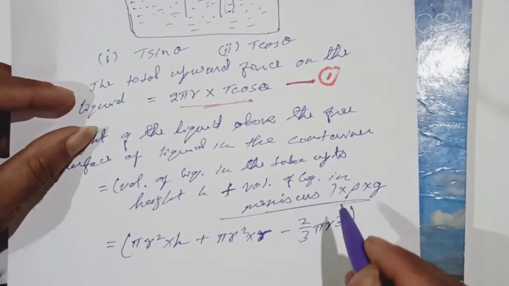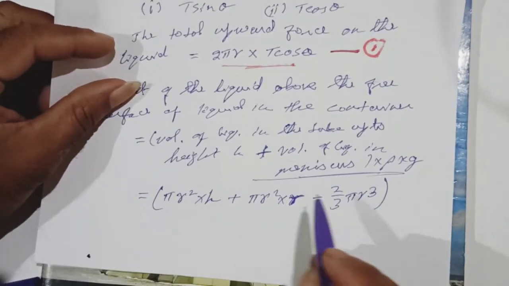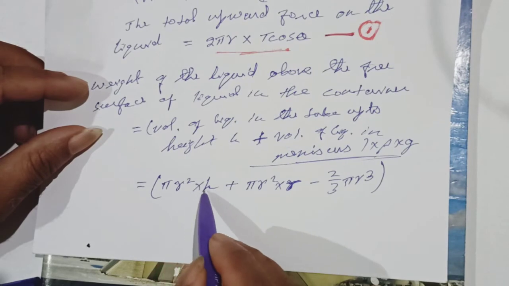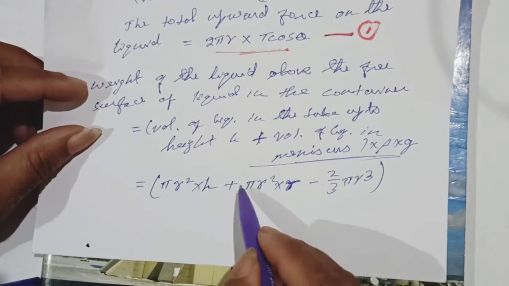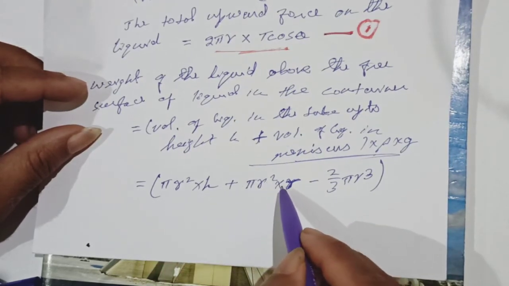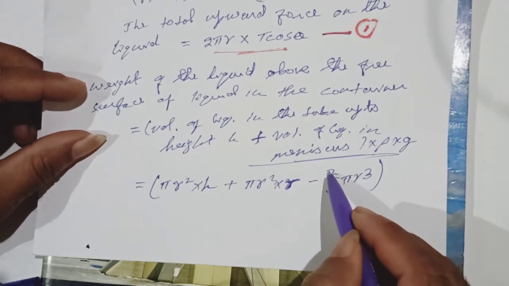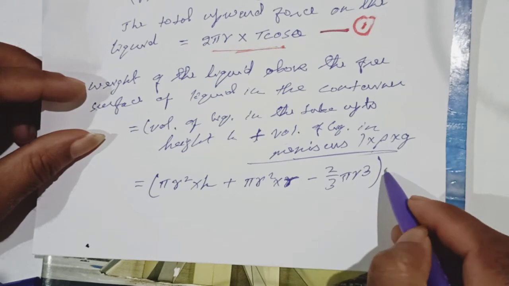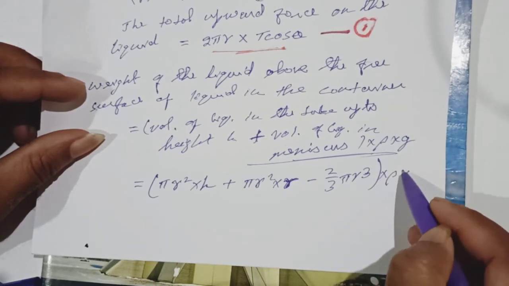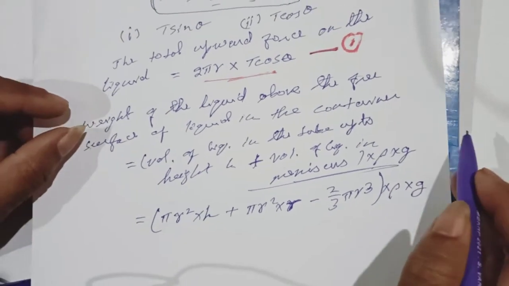I missed one thing. So this is pi r square into h plus pi r square into r minus the volume of a hemisphere, 2 by 3 pi r cube, into density into g, acceleration due to gravity.